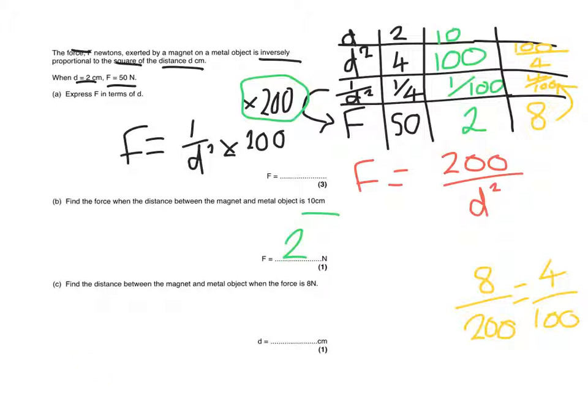So what I'm effectively doing is square root of 100 over 4, which is going to be 10 over 2, which is 5 centimetres.